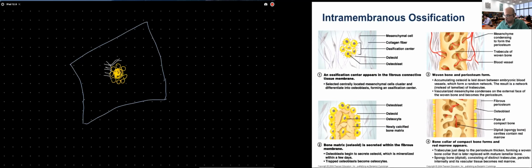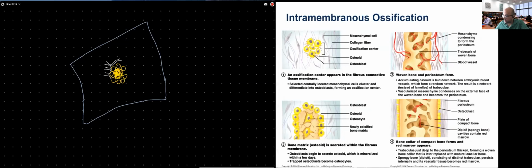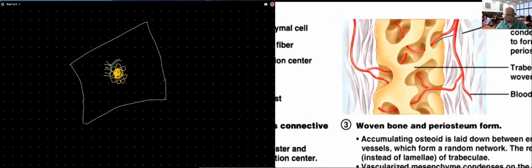This osteoid that I am forming is getting its blood supply through blood vessels that are embedded within the membrane. I cannot simply break down those capillaries, those blood vessels.